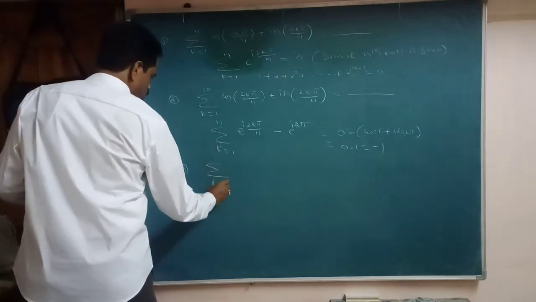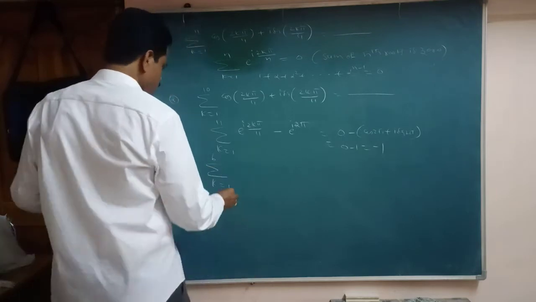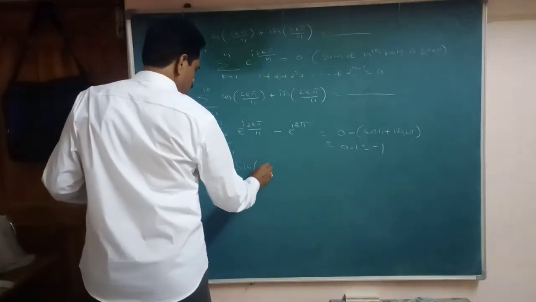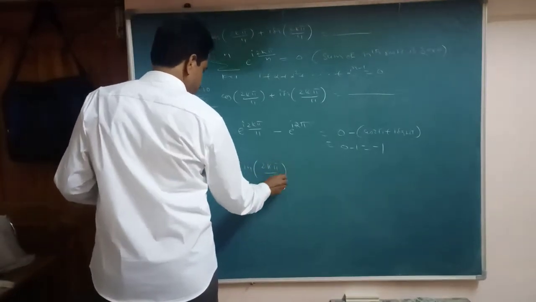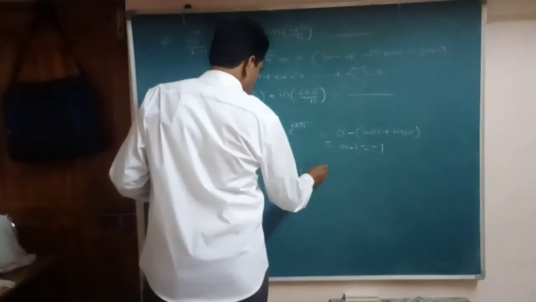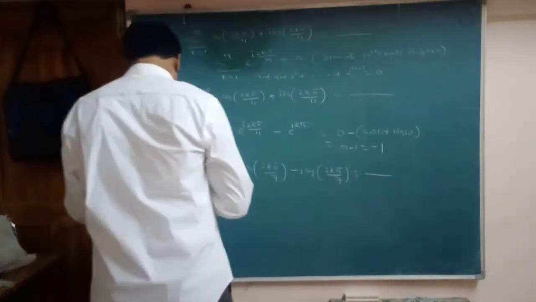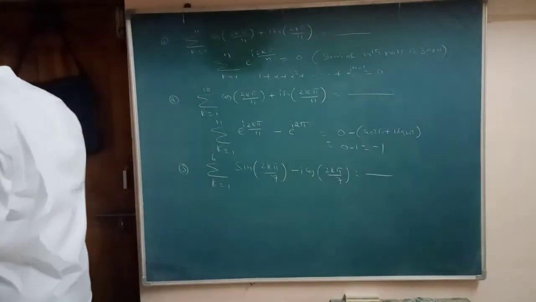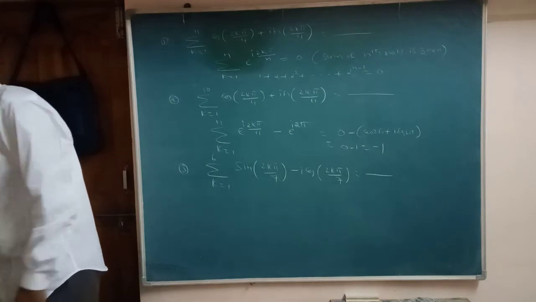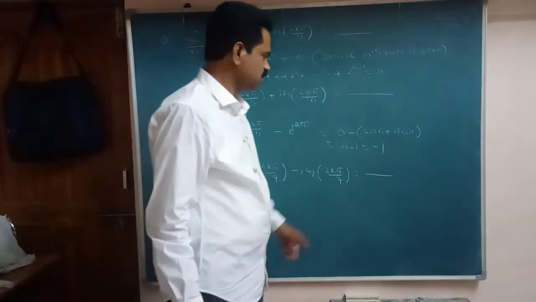K equal to 1 to 6, sin 2k pi by 7 minus I cos 2k pi by 7. What is Euler's formula?